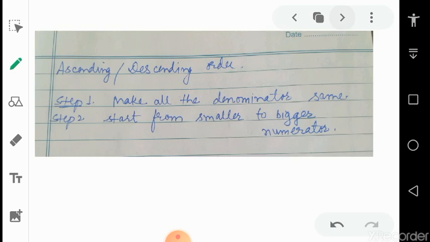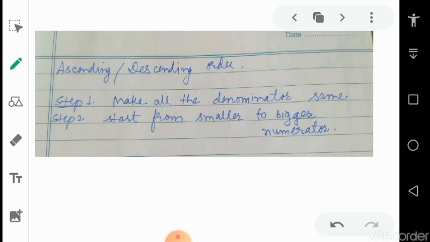Come to the next point, ascending and descending order. Students, if you know which fraction is smaller or which is bigger, then obviously you can write them in ascending or descending order. Not a big difference is there between both.